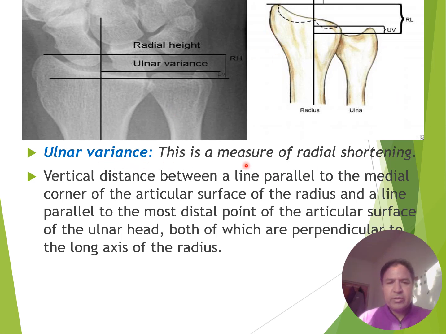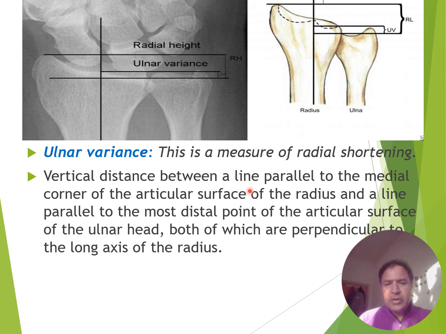Ulnar variance. This is a measure of radial shortening.